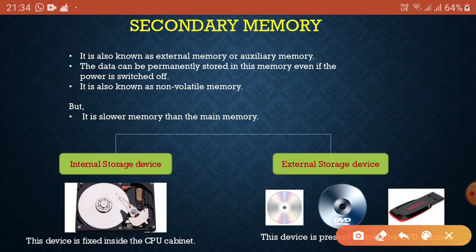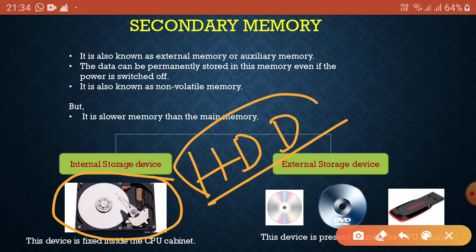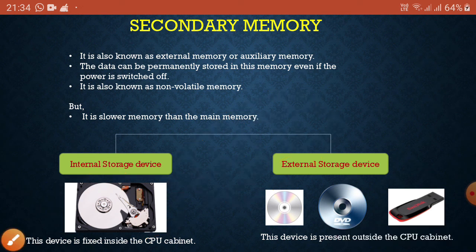In the internal storage device, we have HDD, hard disk drive, or we can say hard disk, which is used to store the information whatever you are saving in the computer's secondary memory. Basically it is HDD. This device is fixed inside the CPU cabinet.